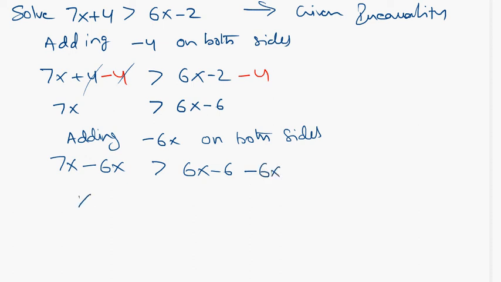So that gives you x greater than -6. So x will have all the values which are greater than -6, but not -6, because it's greater than. It must be strictly greater than -6. It's not greater than or equal to, like in the previous example.